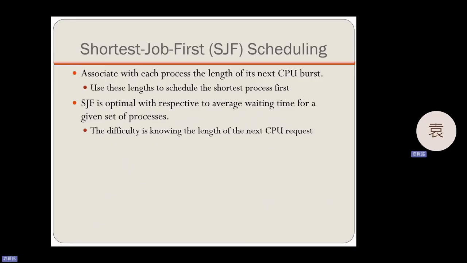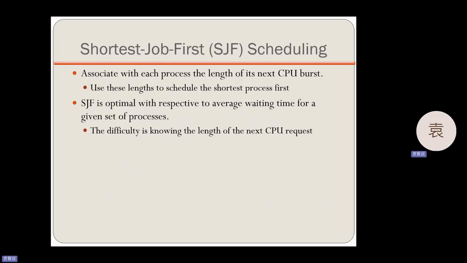So if you have a set of processes that arrive simultaneously, almost at the same time, then scheduling the shorter process first will lead to less average waiting time. If we associate each process with the length of its next CPU burst, then we use the length to schedule the shortest process first.